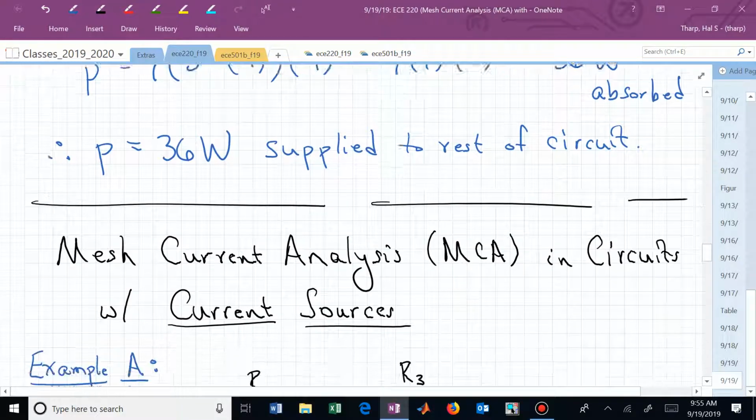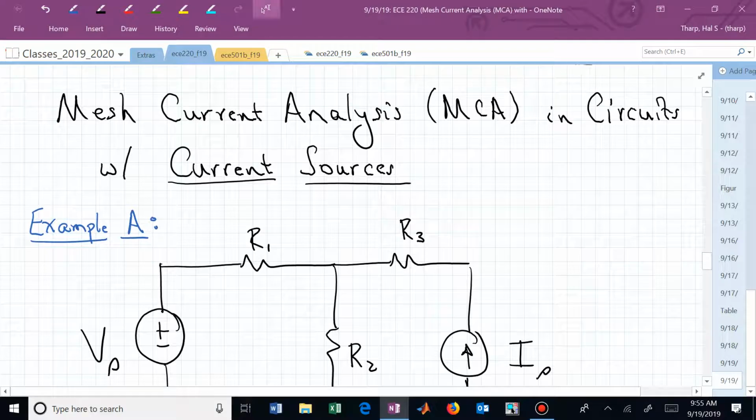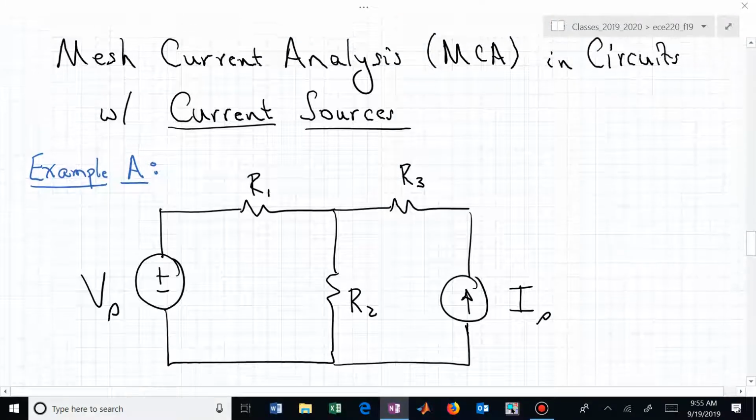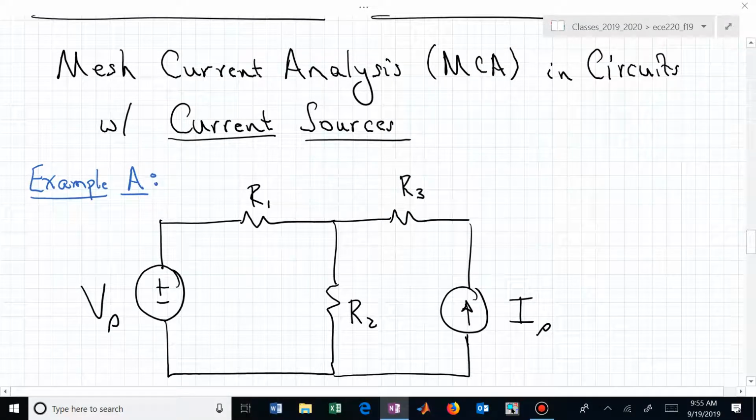Let's now look at what happens when we try to apply mesh current analysis in circuits, and we actually finished with this at the very end of yesterday's class. We were talking about something like this. If you now see this circuit and you say, oh, I want to do mesh current analysis, how would you approach it?